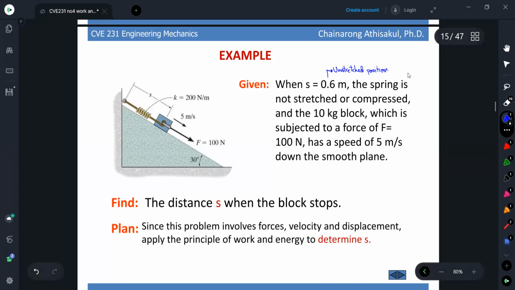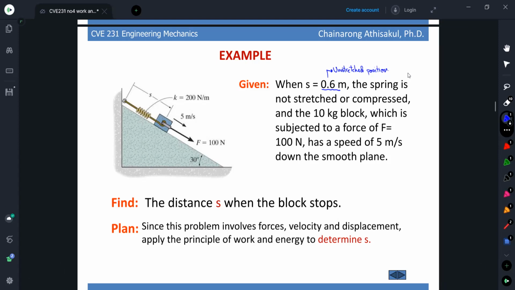It means that 0.6 meter is the unstretched position, to determine the work done of the spring.